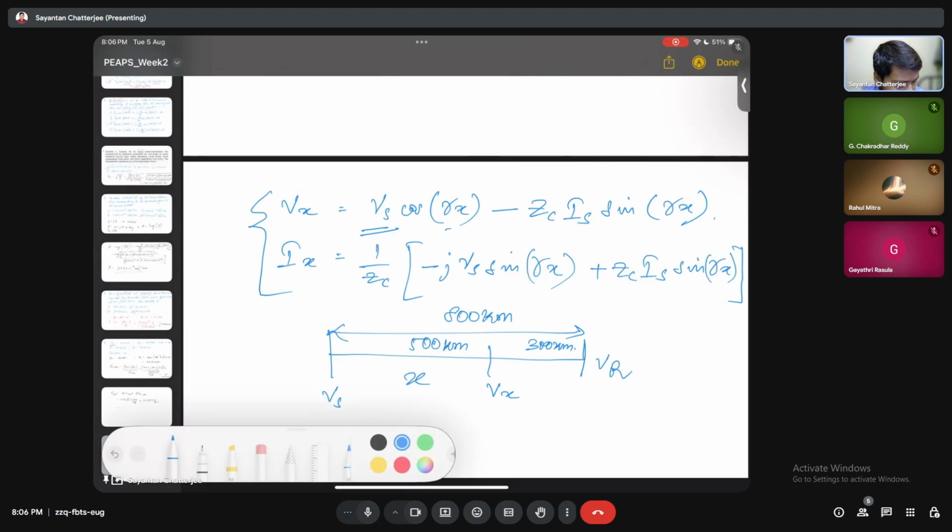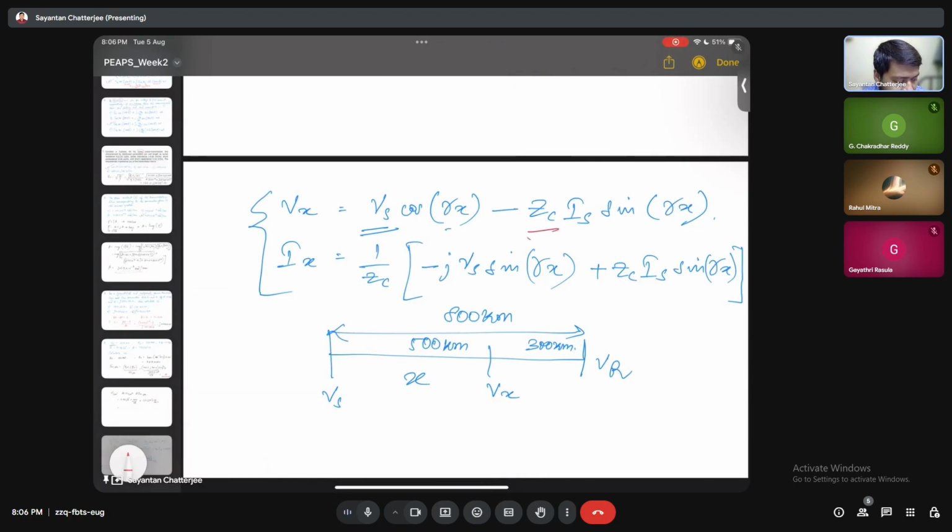All things are the same: characteristic impedance, current, Vs, gamma x. Gamma x will become beta x if the system is lossless, otherwise gamma x will remain gamma x. Is it clear? Okay.